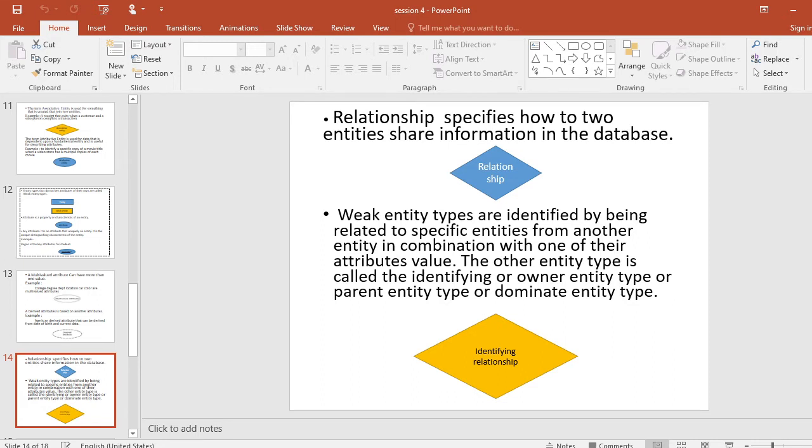Weak entity types are identified by being related to specific entities from another entity type in combination with one of their attribute values. The other entity type is called the identifying or owner entity type, or parent entity type, or dominant entity type. The diagram shows this type of entity.